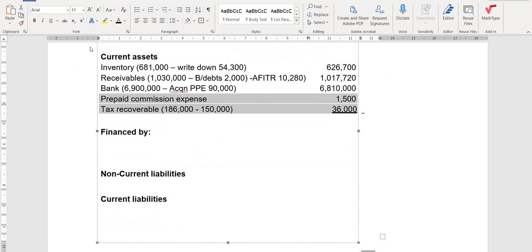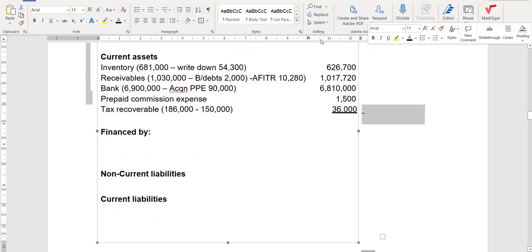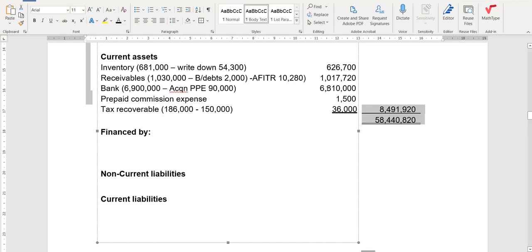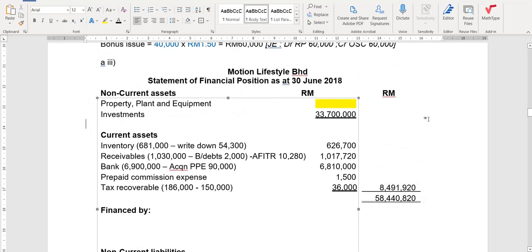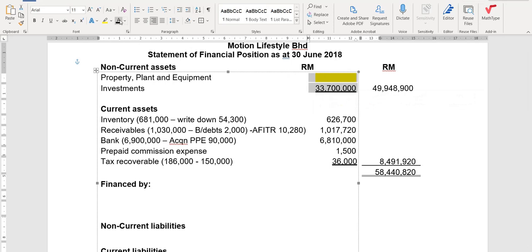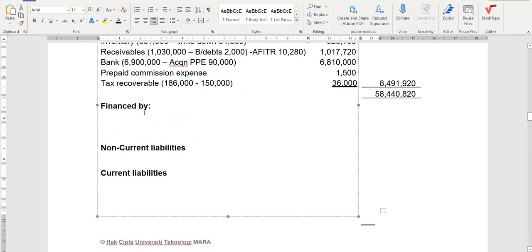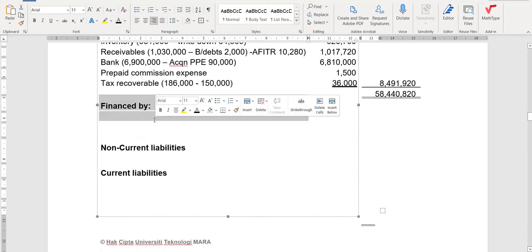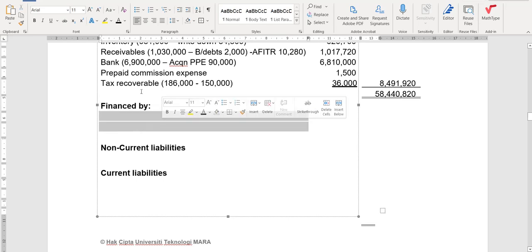Okay, then you have your item here, total for the first part, but I have not yet shown you how to get the PPE. But let me just reveal the figure for you, and then we will see how we calculate that. Start with the finance part, which is equity and liability.